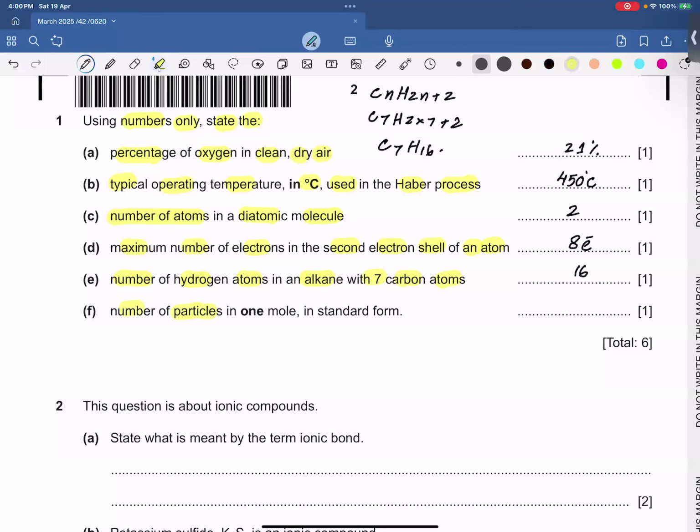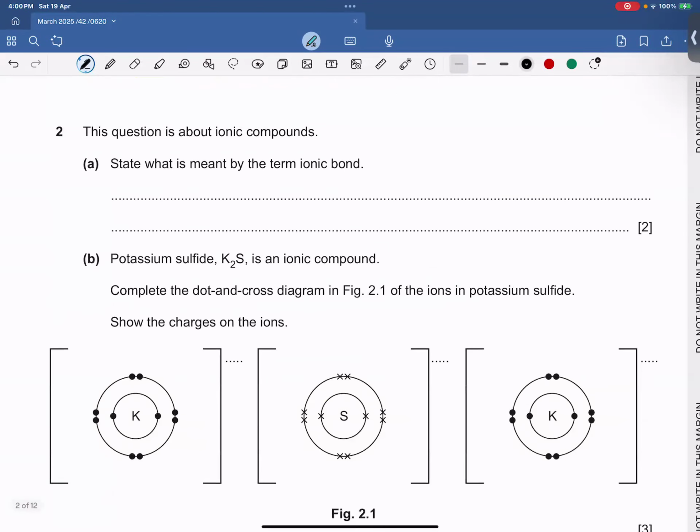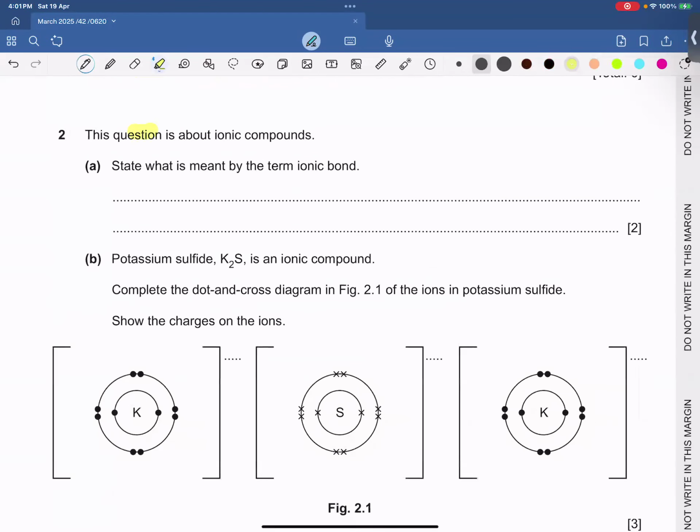Number of particles in 1 mole in standard form, 6.02 times 10 to the power 23. Now question number 2. This question is about ionic compounds. Ionic compounds exhibit ionic bonding and they have a giant crystal lattice structure.